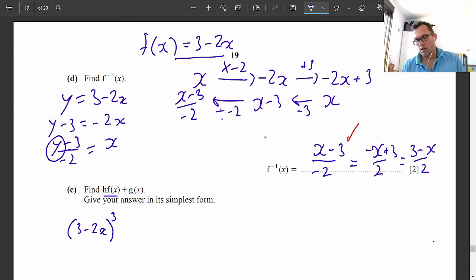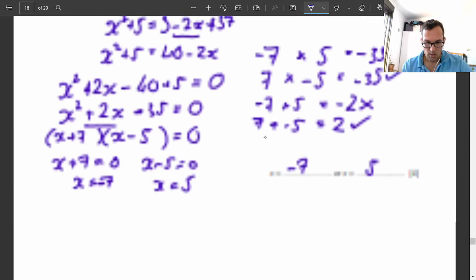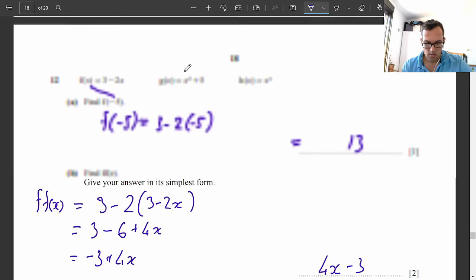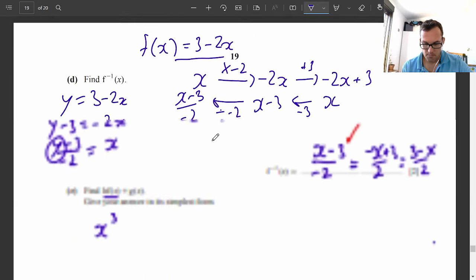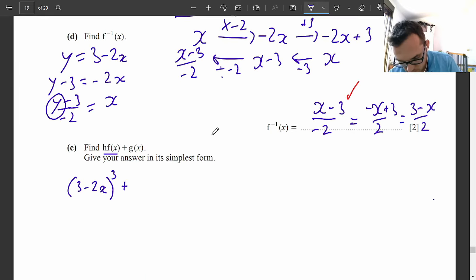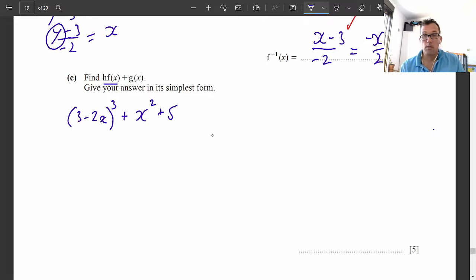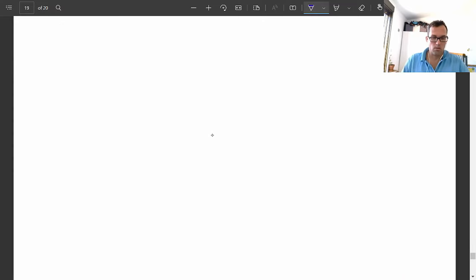Okay. Then we put the function of g up there. What was it? x squared plus 5. Right, and now the party starts. We now need to simplify it.